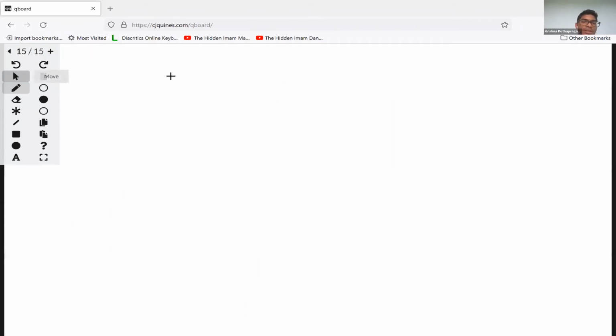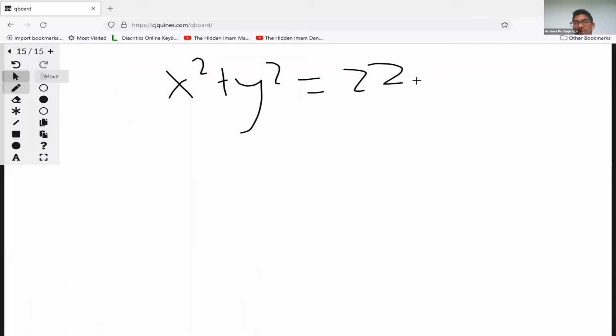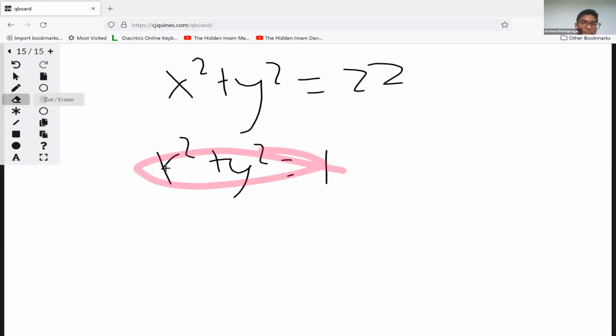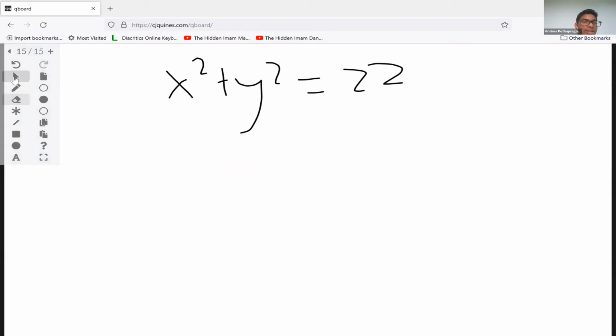And for conics, I'll only show this for x squared plus y squared equals z squared. If you notice, this is in Cartesian coordinates x squared plus y squared equals 1, which is the unit circle. The reason is, one, I don't actually know the exact parametrization for the general form.